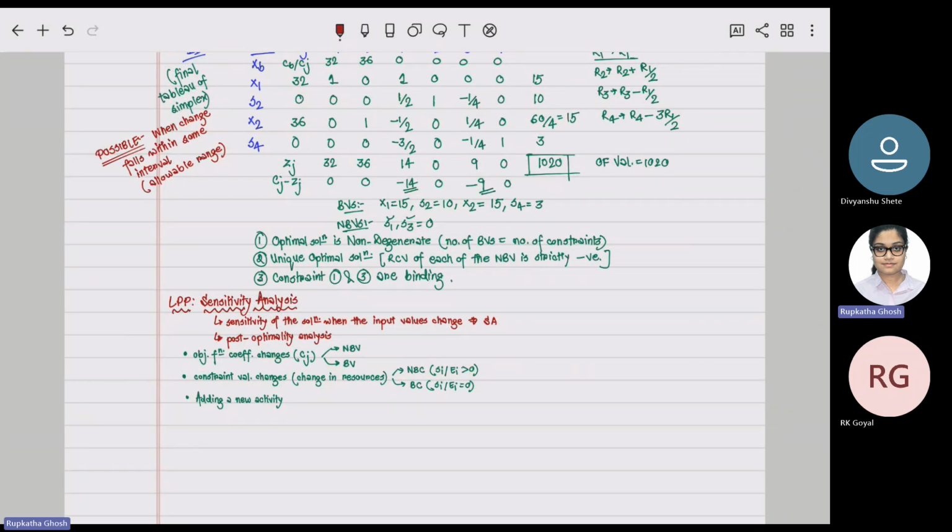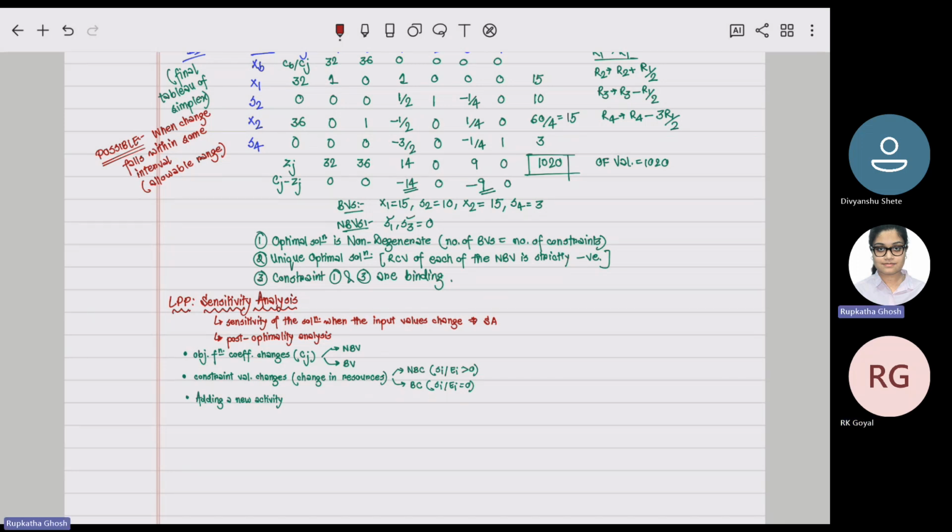So you try to find out the possible range of values which your existing variables can take, within which you will still retain the optimality of the solution. Yeah, so retaining optimality, because if I change the coefficients of x1 or x2, I will be getting a different optimal solution.